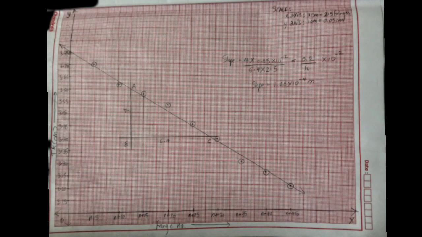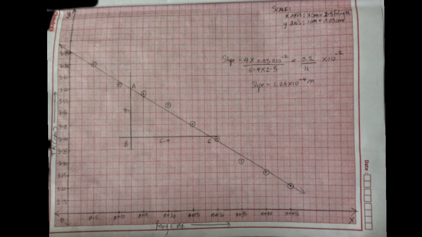Now for plotting the graph, you have to plot on the x-axis the order of the fringe. So you start from the nth fringe and go up to n plus 45th fringe. So the same thing that you noted down for the readings. And on the y-axis, you will plot the total reading or the position of each of these fringes. So the graph, depending on which side of the wedge you start measuring from, will either have a decreasing or increasing slope.